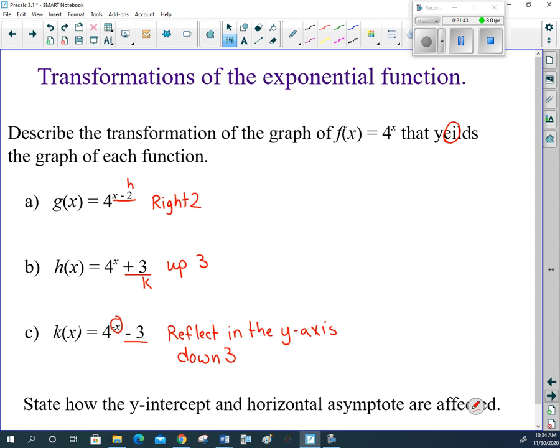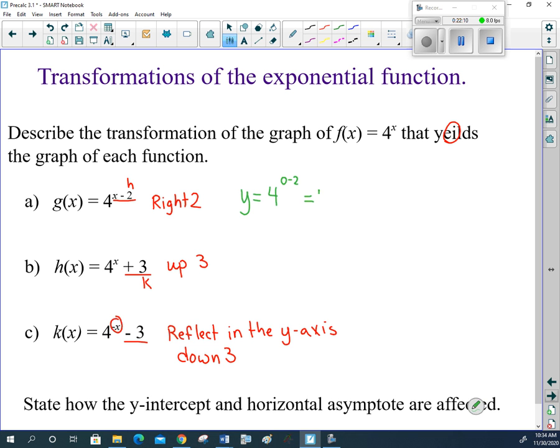So this one says, now down below, state how the y-intercept and the horizontal asymptotes are affected. On letter A, if you want to figure out what the y-intercept is, remember that's putting in x equals 0. So let's go back up here to part A now and see what happens. y equals 4 to the 0 minus 2.